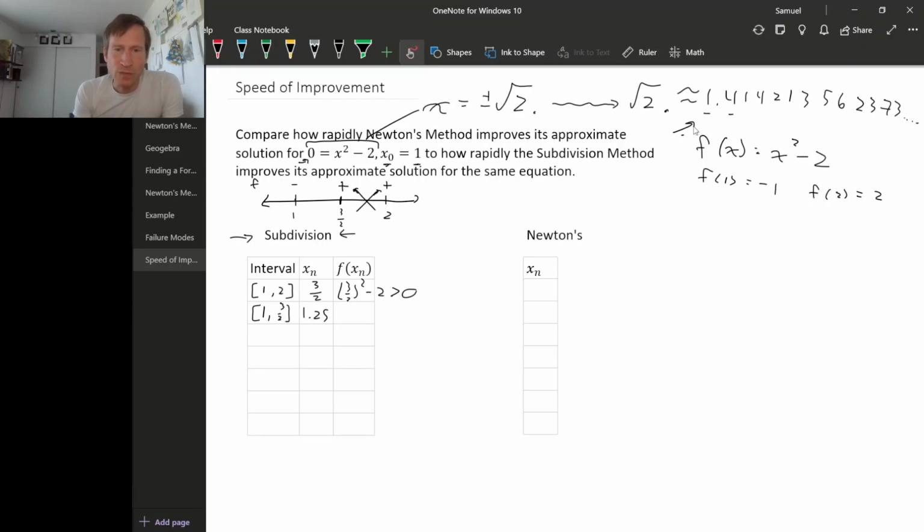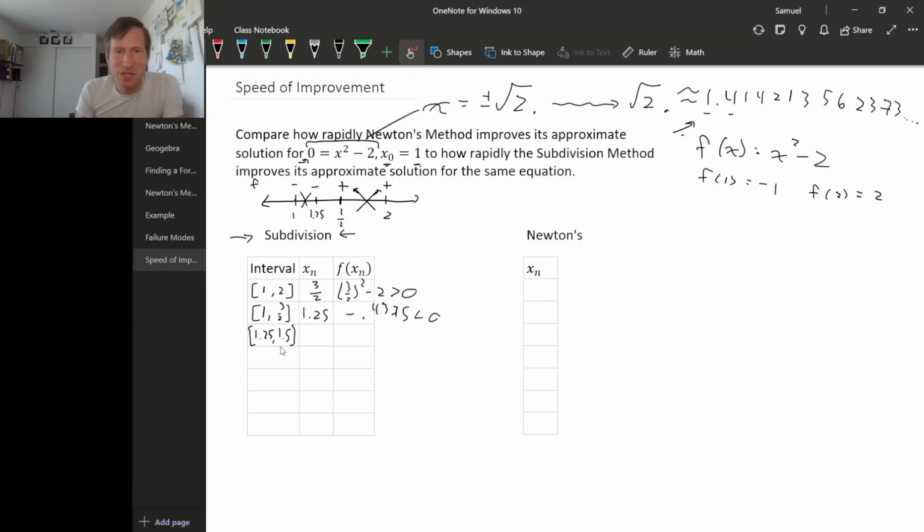So we take 1.25, plug it into our function, so square it, and then subtract 2, and we get negative 0.4375, and that's less than 0, so negative here. So now we can exclude this interval. So now we know that there is a solution between 1.25 and 1.5.